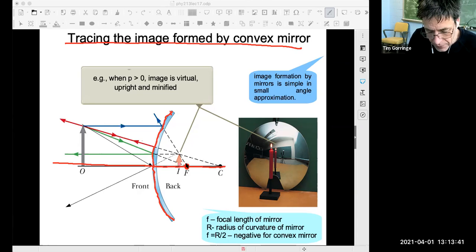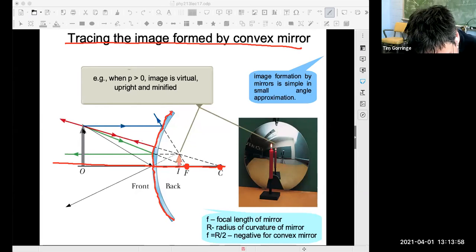For the convex mirror, the radius of curvature and the focal length are negative. So we put the radius of curvature and the focal point behind the mirror. That's why they sit behind the mirror here. So that's a very important distinction.